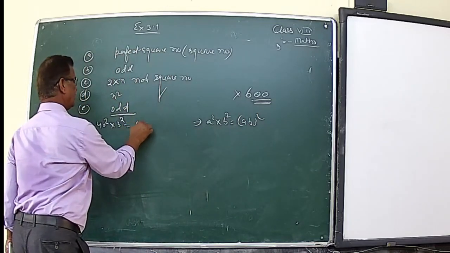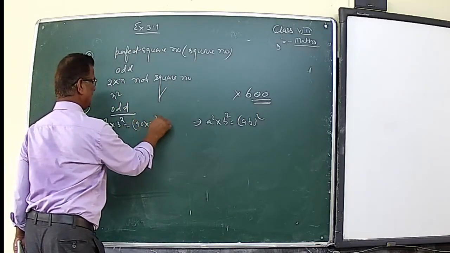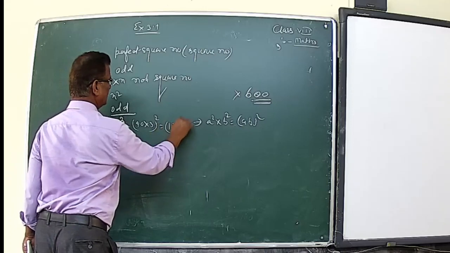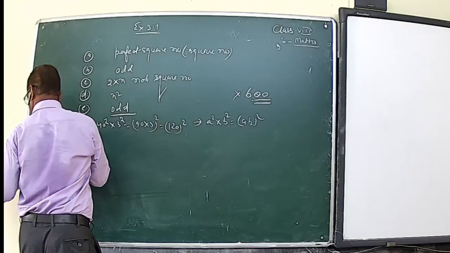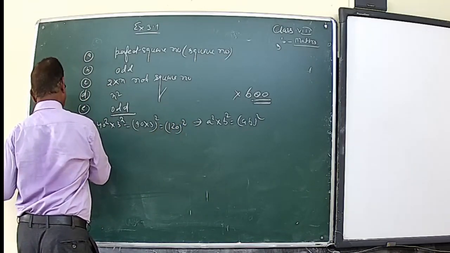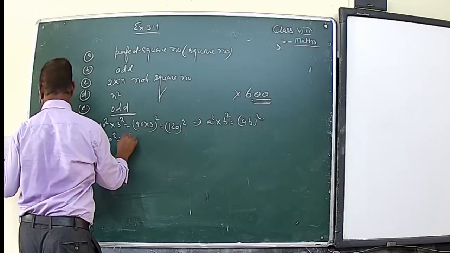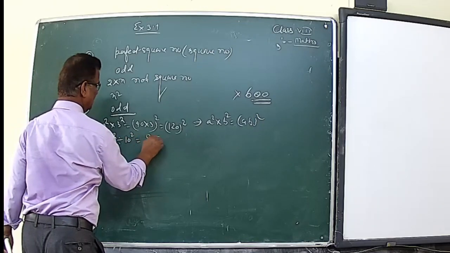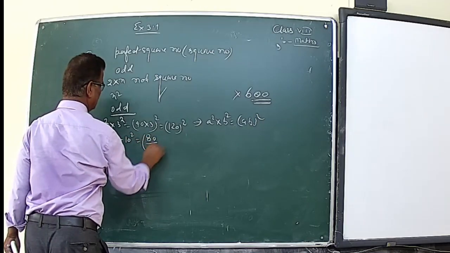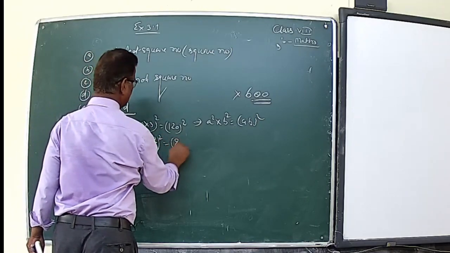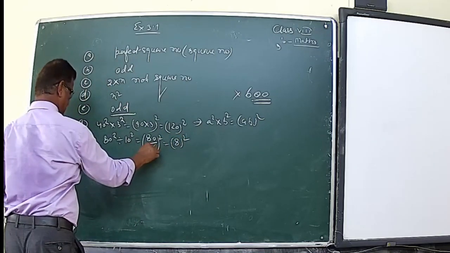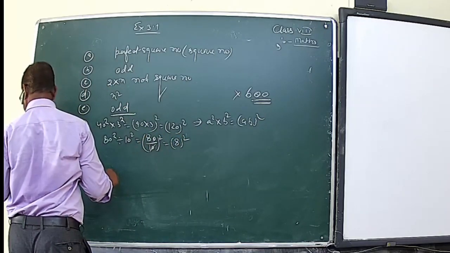That means (40 into 3) whole square is equal to 120 whole square. After that, 80 square divided by 10 square is equal to (80 divided by 10) whole square, which is equal to 8 whole square. 0 0 cancel, 8 remains.